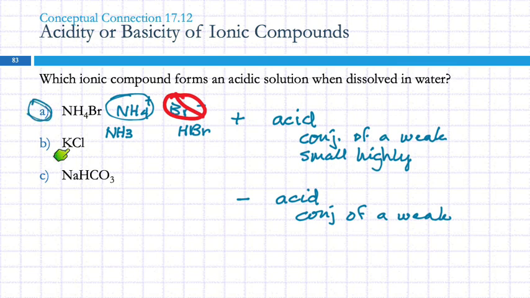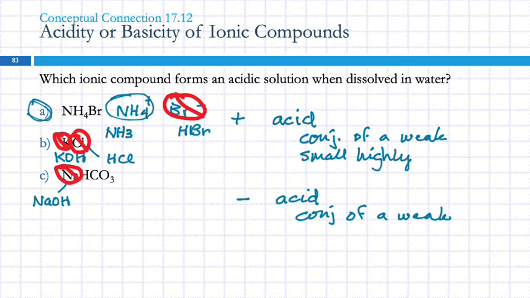Let's just check the others real quick. Potassium. So potassium from KOH, right? Strong base, not happening. HCl, strong acid, not happening. Down here, we've got sodium is the cation, the counterion of a strong base, so that doesn't do anything.